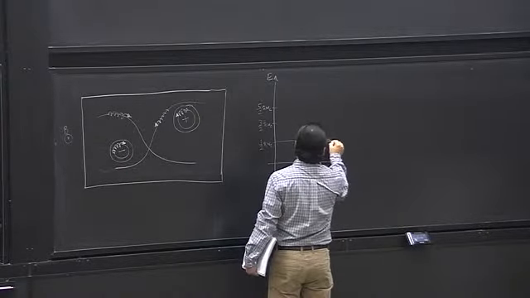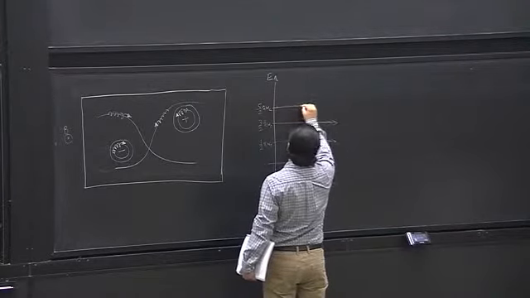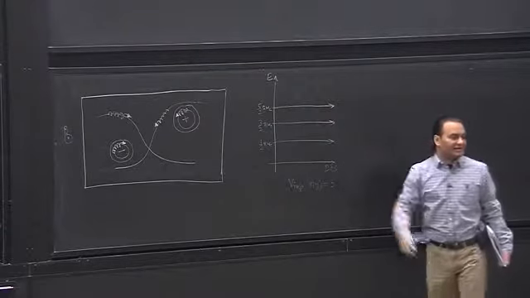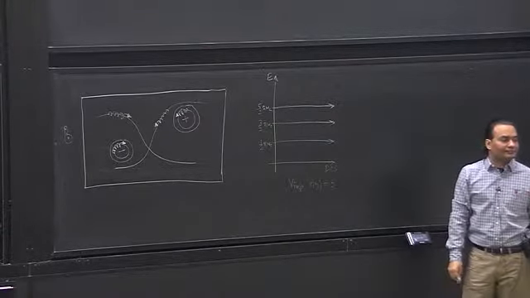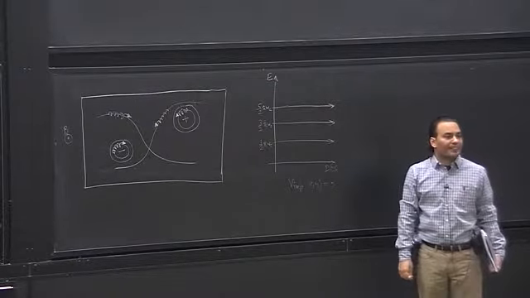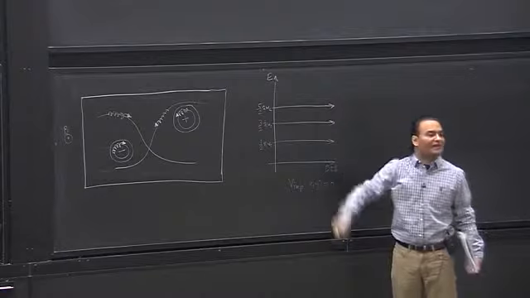So I'm going to draw it with these arrows. What that means is that these states are infinitely degenerate. This is how this plot looks like. So you really have infinite states, but at discrete values.